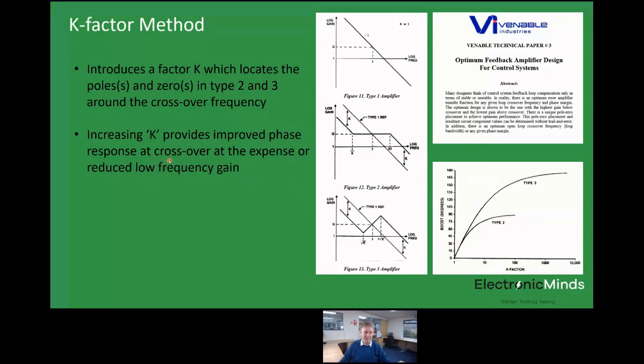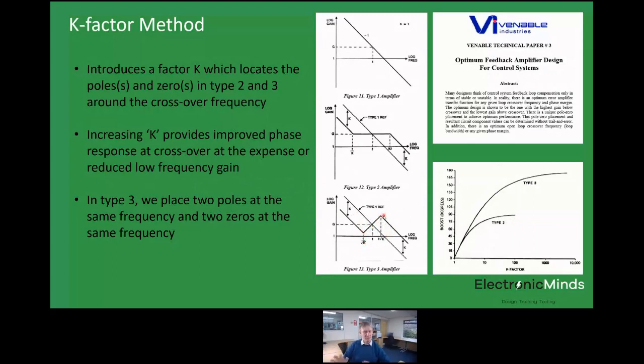It's that value of K that allows you to trade that off. In type 3 control, you place the poles and zeros as shown here. In the K-factor method, it places the two zeros at the same frequency and the two poles at the same frequency, on the other side of crossover.